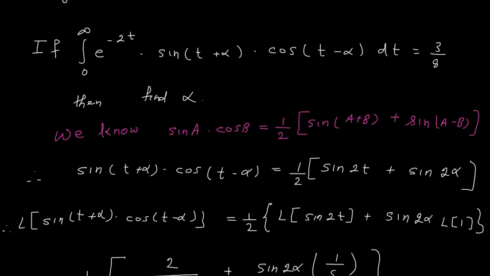Now let us move to solving some problems in which the standard functions are given in combination form, meaning there are two standard functions in multiplied form or some other way. We will see some properties of Laplace, and using those properties we will try to solve a few more problems.